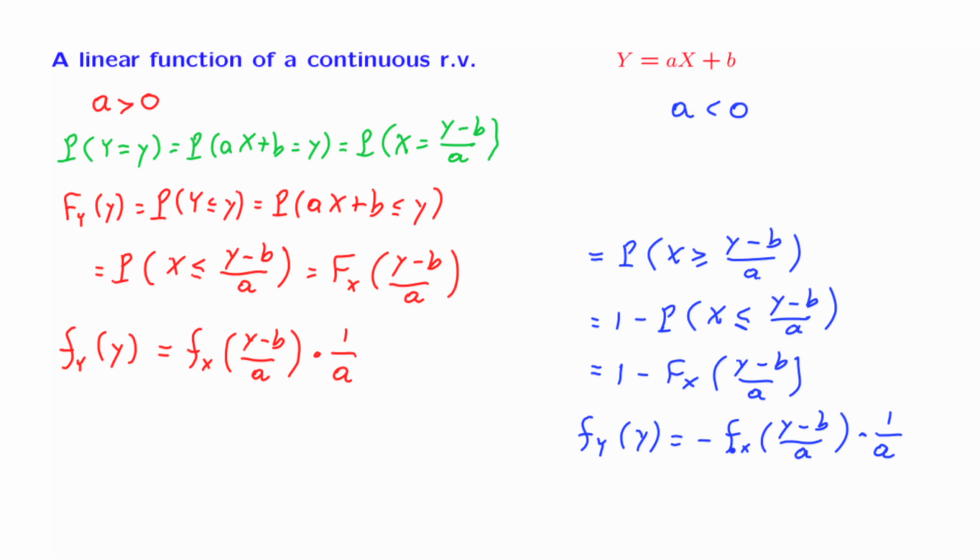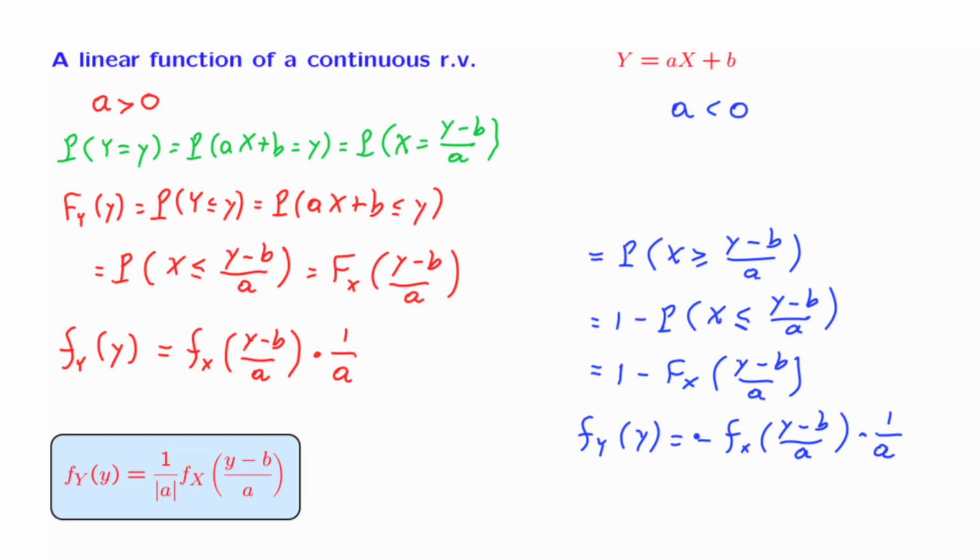When a is negative, and we have this formula, we have here a minus a, which is the same as the absolute value of a. So we can unify these two formulas by replacing the occurrences of a and that minus sign by just using the absolute value. And this gives us this formula for the PDF of y in terms of the PDF of x, and it is a formula that's valid whether a is positive or negative.